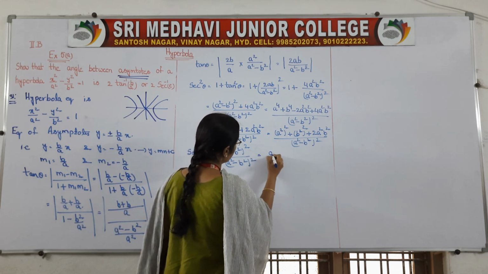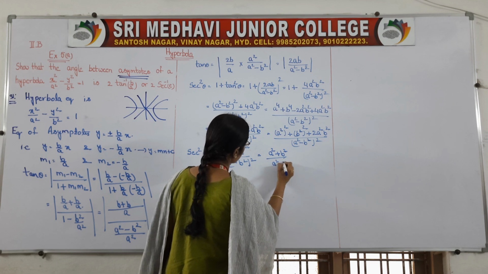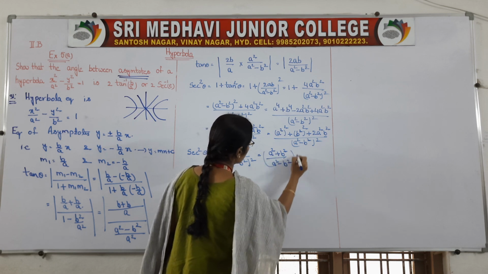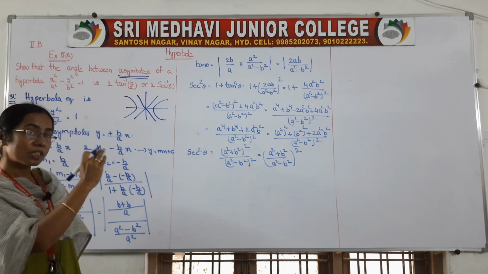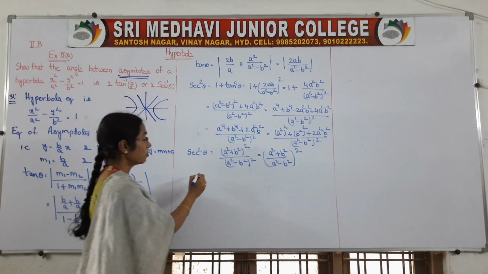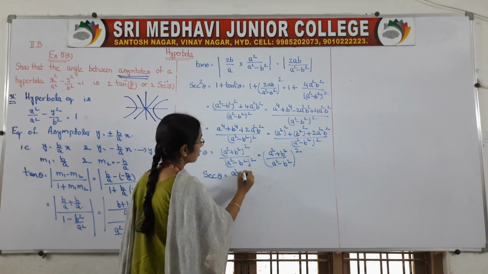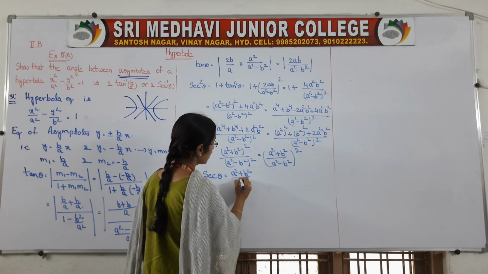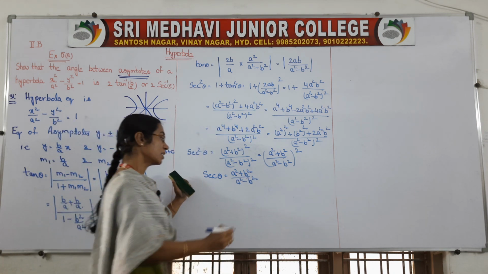So we can write that as ((a² + b²)/(a² − b²))². So sec²θ is equal to that value squared. That means secθ is equal to (a² + b²)/(a² − b²). Now try to get cosθ.